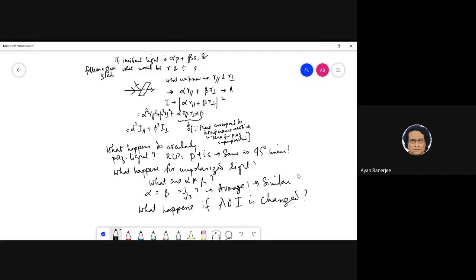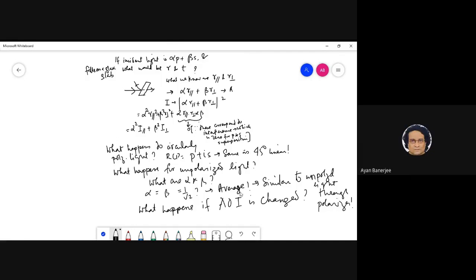There is one case where you get this. If you pass unpolarized light through a polarizer, similar, I by... Yeah, so I just wanted a clarification that is why the 1 by root 2 comes.